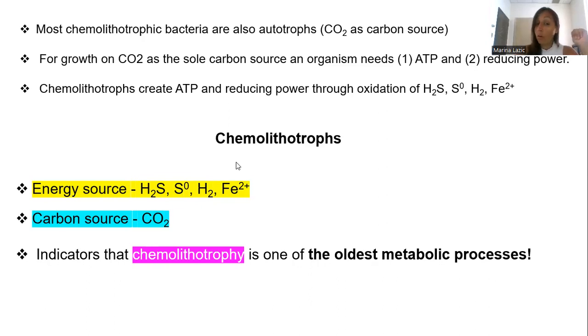So we will cover all these energy sources: hydrogen sulfide, elemental sulfur, hydrogen, and iron. Most of the time, the carbon source for chemolithotrophs is CO2, inorganic carbon. These are all indicators that chemolithotrophy was the oldest metabolic process, because if you go back to our first two lectures, when we talked about what was available 4 billion years ago, these compounds were available, which is the reason why bacteria, and archaea, sorry, learned how to use these first.